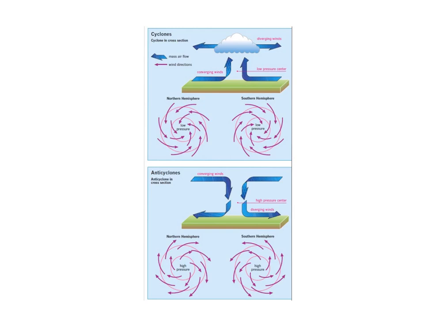The air does not just go in and up, though. It also curves. So air that is converging here at the Earth's surface is actually going to spiral inward in a counterclockwise direction.